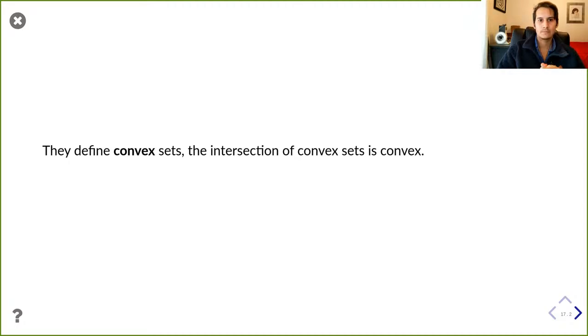I have no idea. Javiera, do you know why it's important to have a convex problem? Not really, no. Does someone remember, for example, Benjamin?